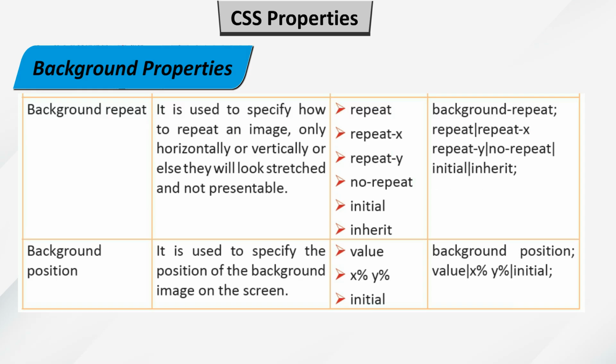Background repeat. It is used to specify how to repeat an image only horizontally or vertically, or else they will look stretched and not presentable. Values: repeat, repeat-x, repeat-y, no-repeat, initial, inherit. Background position.